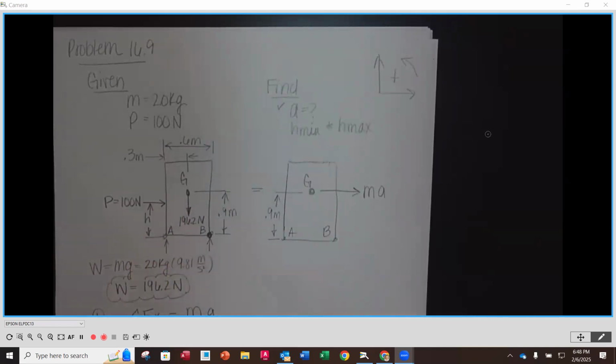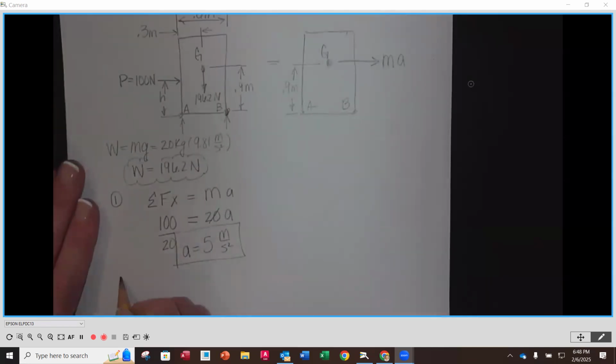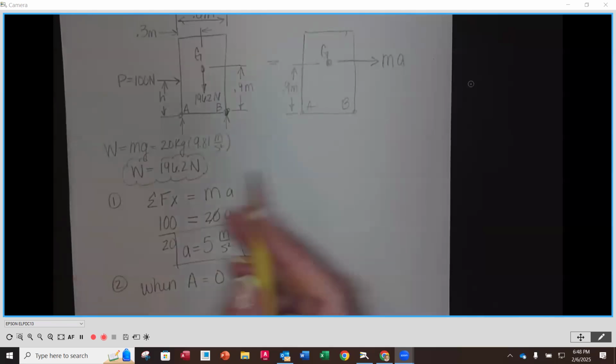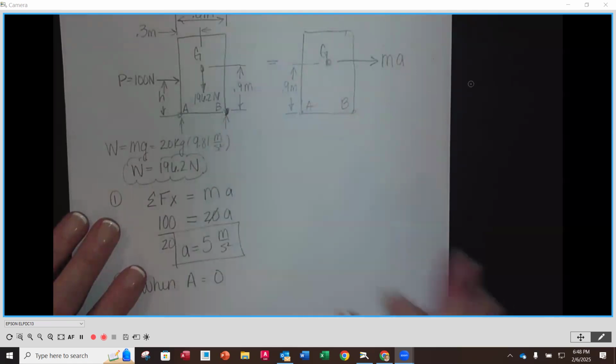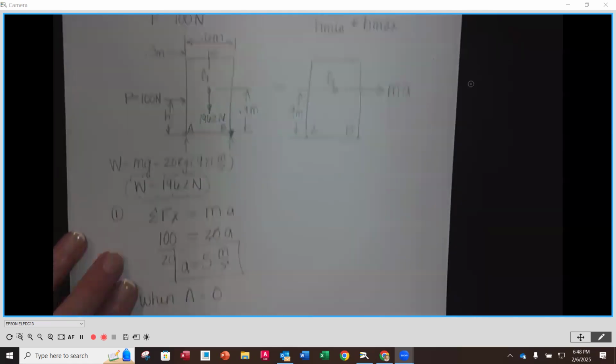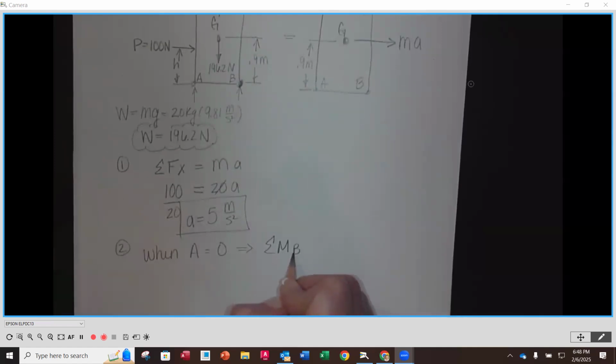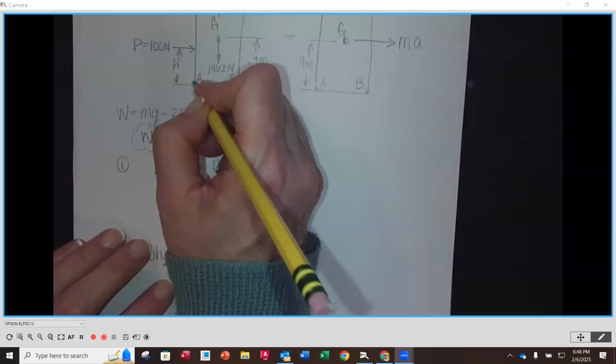So what that means is when A is equal to 0, all of the forces are on here, that means it's going to start tipping. So we want to find H when we sum around B. A is going to be 0, so this is going to be 0.